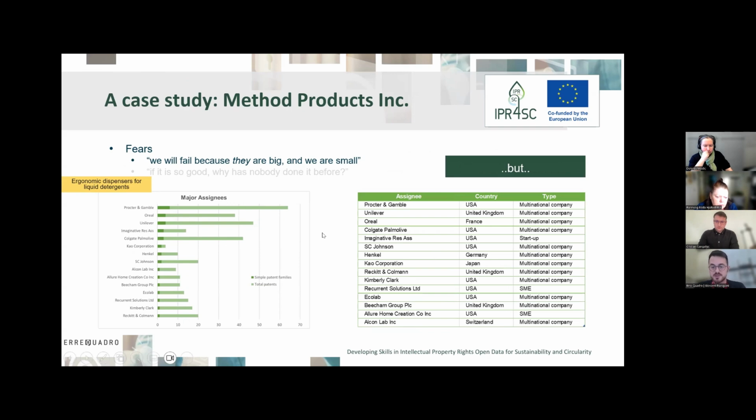Startups and SMEs pop out in the list of the first 10, 15 players in the field. We can also see from the left chart that basically every player in the field owns only one invention, only one patent family, apart from big corporations like Procter & Gamble, L'Oreal, Unilever. But the meaning of this information is that there is room for competition.